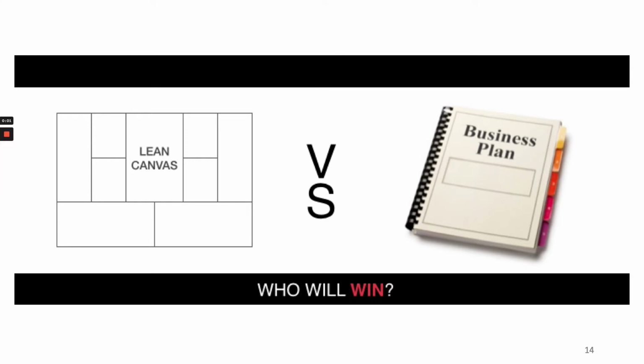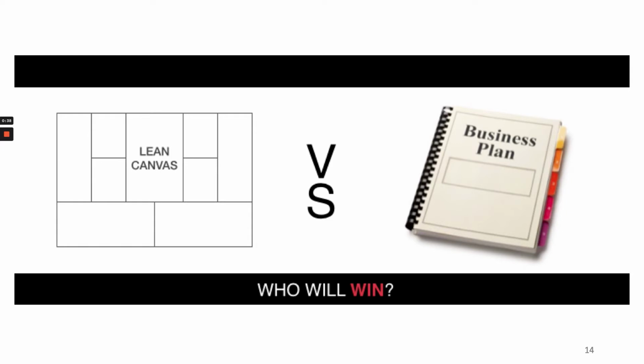There are two ways you can describe your business idea, and not only describe but also develop a business idea. It's by using a business plan or by using some agile methods like lean canvas, business canvas. There are a lot of canvases, but I prefer lean canvas, which is easy to understand and easy to use.